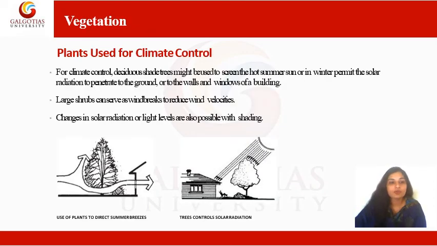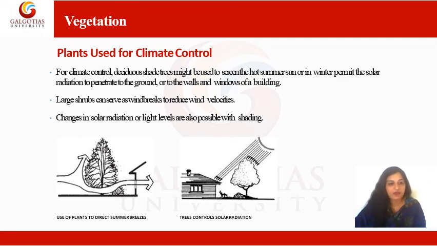Plants are also used for climate control. Deciduous shade trees might be used to screen the hot summer sun, or in winter permit the solar radiation to penetrate to the ground or to the walls, windows and the building.